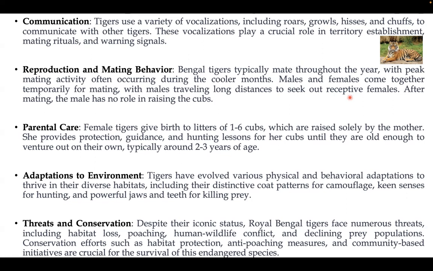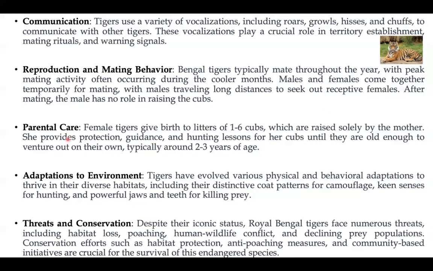But as you know, the territory problem always occurs. If one male wants to go to another territory, he must fight with the male of that territory. And if he wins, only then can he grab that territory and the females of that territory. So a fight always goes on.